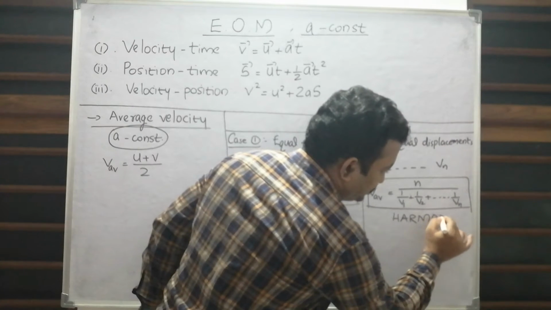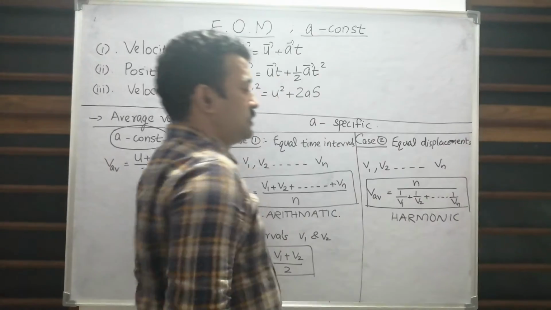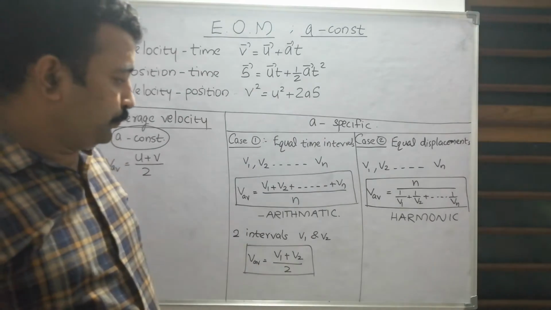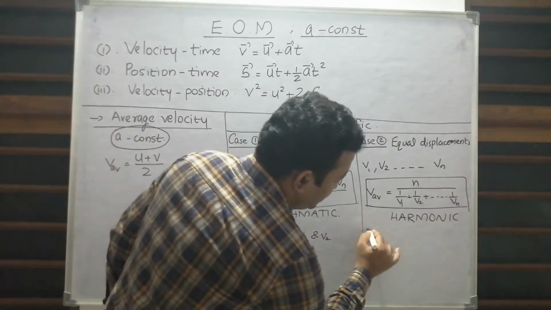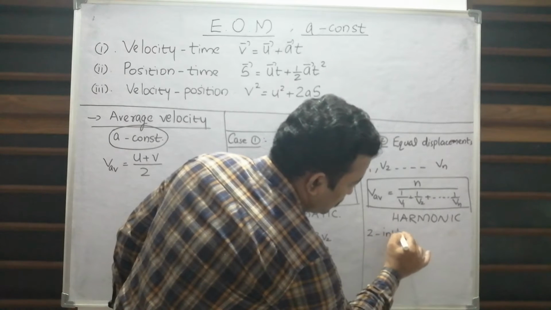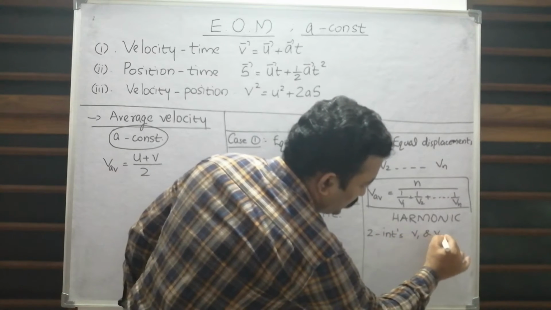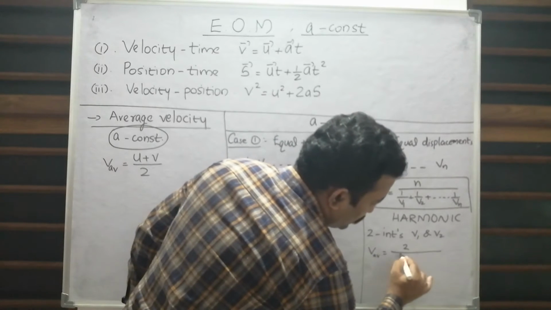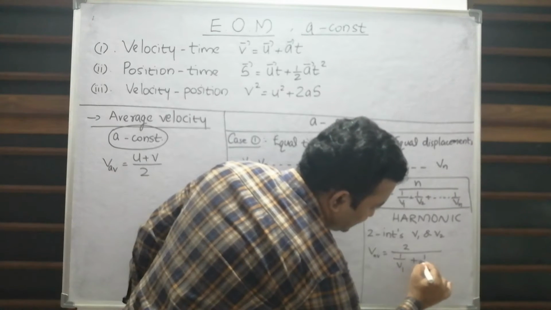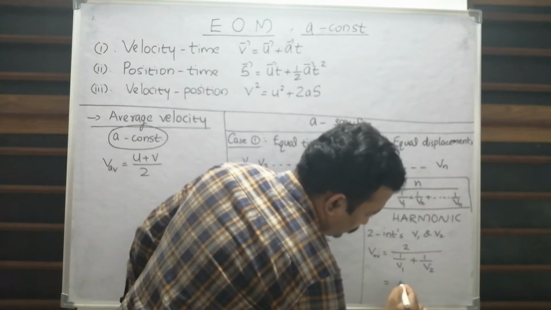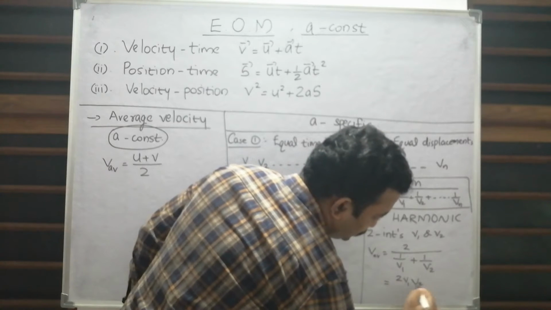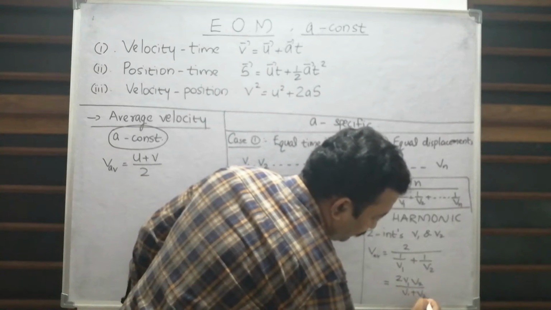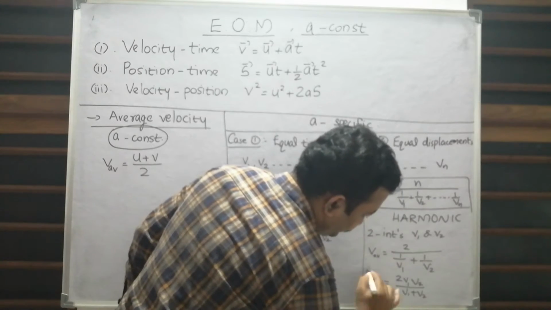If there are two intervals only, v average turns out to be 2 over 1 by v1 plus 1 by v2. Solving, we get 2 v1 v2 divided by v1 plus v2.